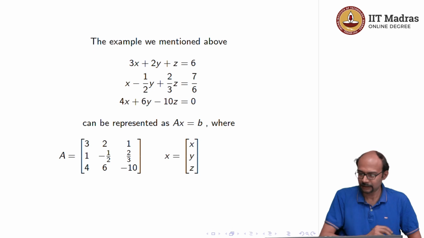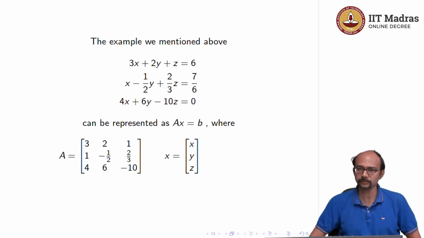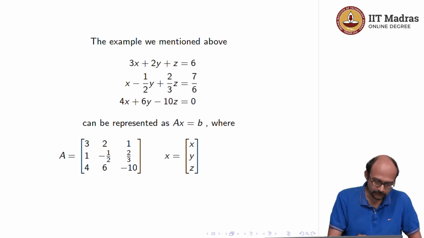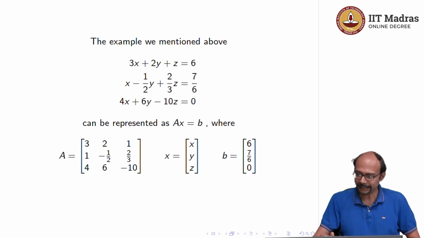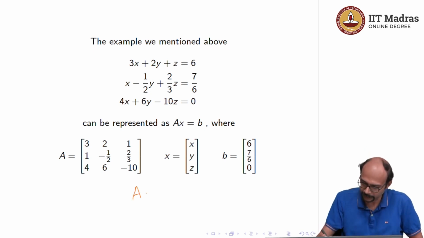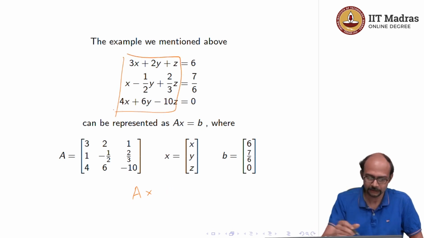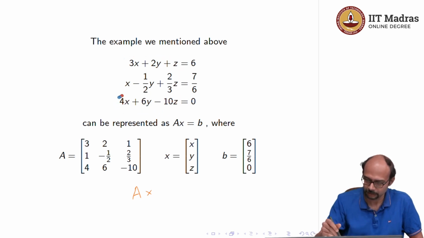What is X? X is x, y, z, the unknowns or the variables. And what is B? B is the set of constants on the right: 6, 7 and 0. I'll encourage you to multiply A and X and see that you get exactly this thing over here as a column matrix.